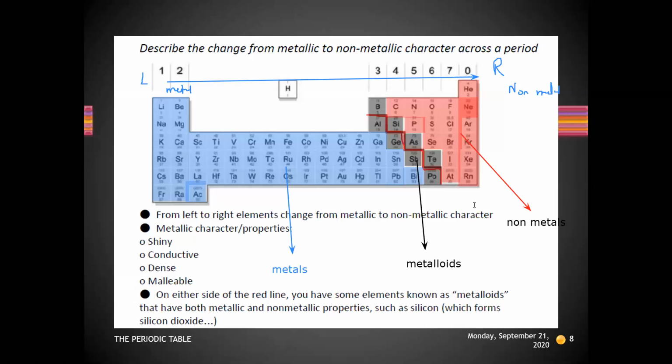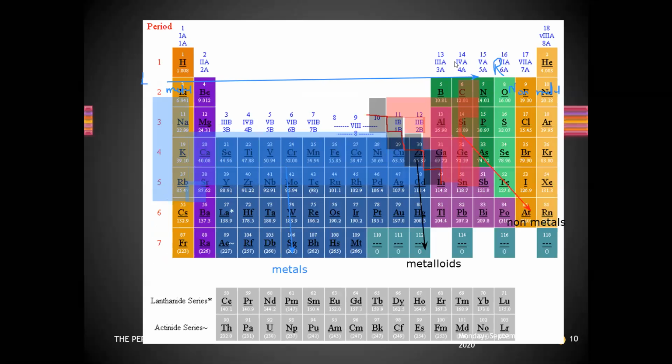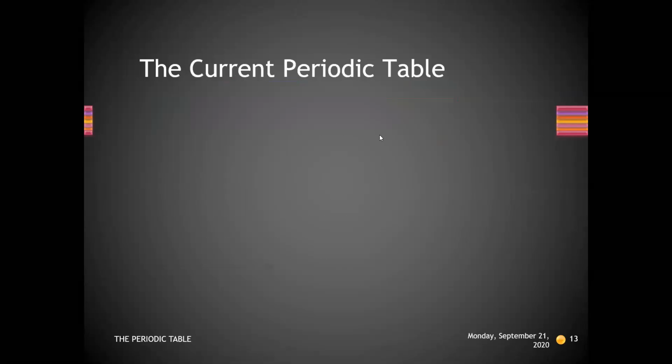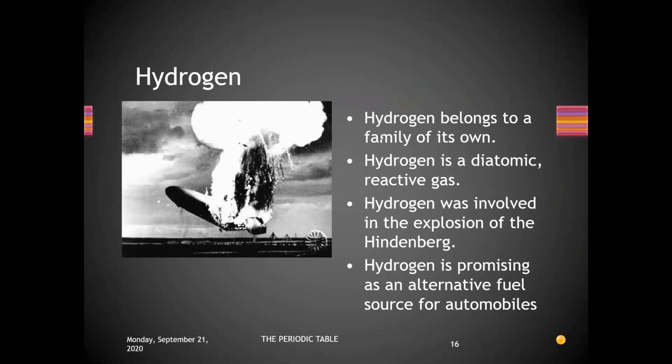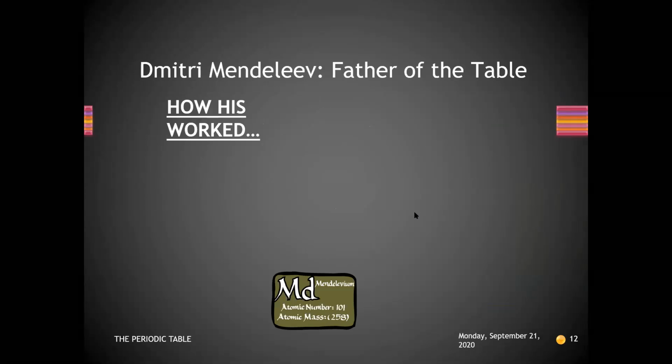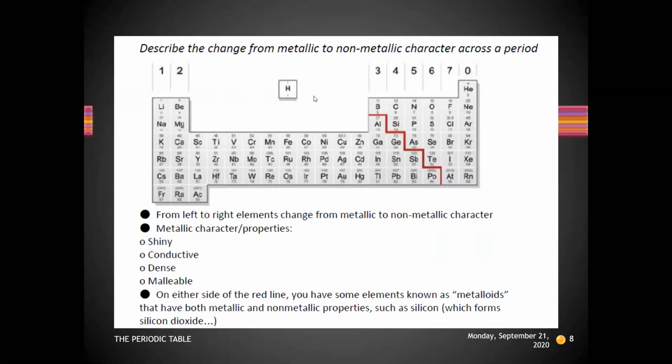The first group is known as the alkali metals. You can see here group 1, which is also known as the alkali metals. This group includes lithium, sodium, potassium, rubidium, cesium, and francium. These are the elements included in this group.